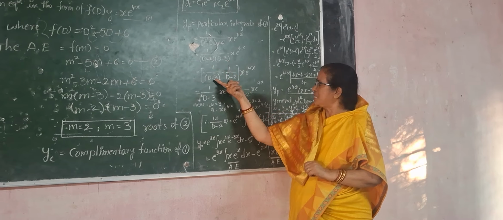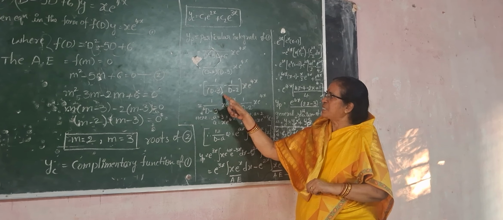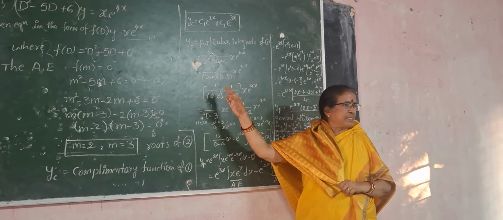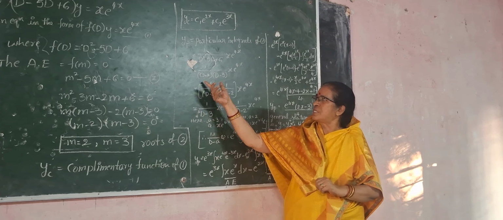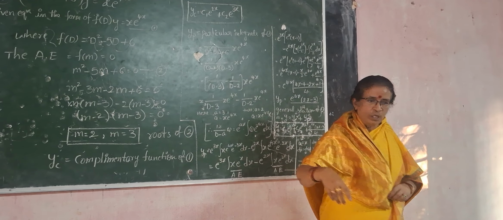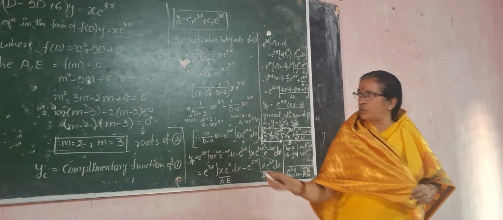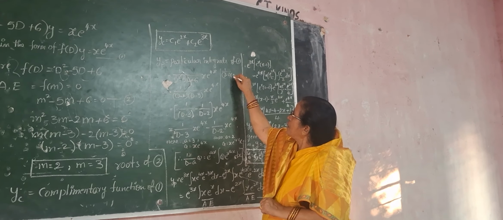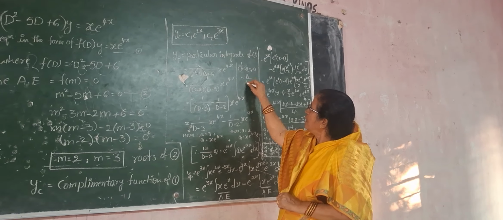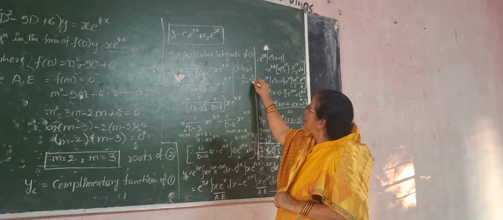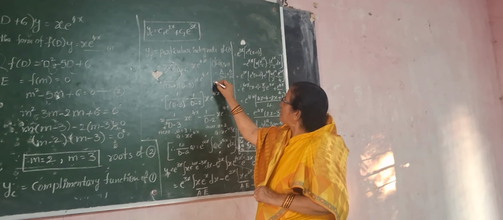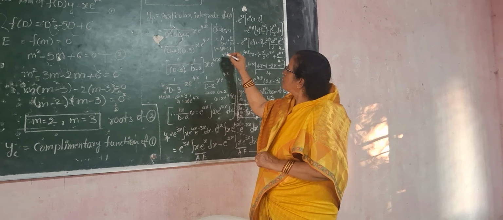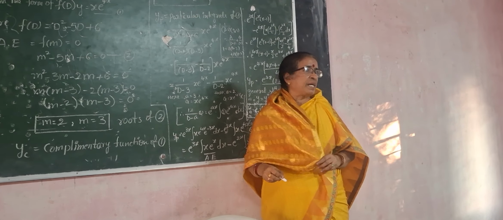And we can easily see how to split this. I hope all of you know how to write this. Because these are linear factors, we can write 1 by (D minus 2)(D minus 3) equal to A by (D minus 2) plus B by (D minus 3). Therefore, 1 becomes A into (D minus 3) plus B into (D minus 2), and we find the constants A and B.